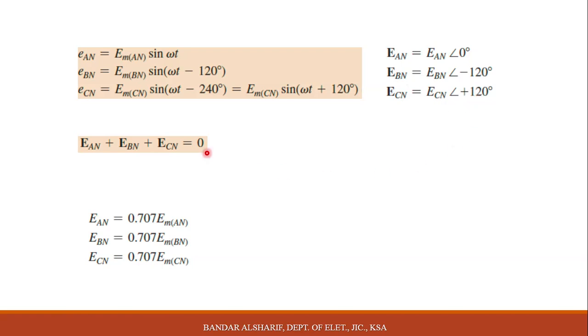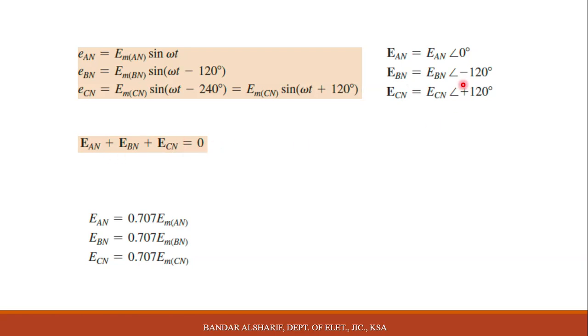In general, in a three-phase system, we have two types: either a balanced system or an unbalanced system. In our course, we'll study the balanced system, and when you add EAN plus EBN plus ECN, you will get the value 0.